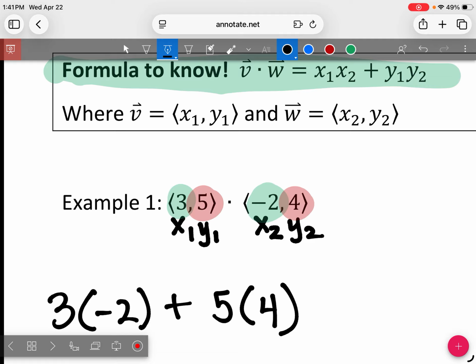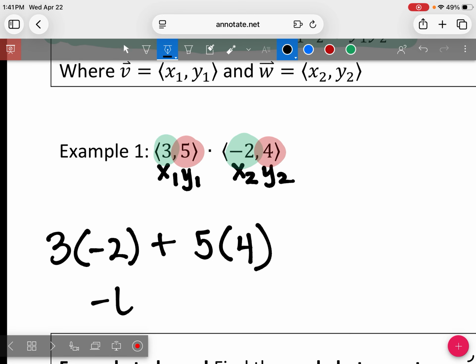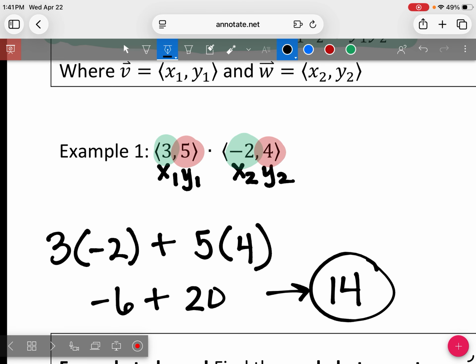So I multiply my x values and I multiply my y values, which are my vertical components, and you add them together, which is negative 6 plus 20 or 14. That would be your answer. Any question? Do example 2 on your own.